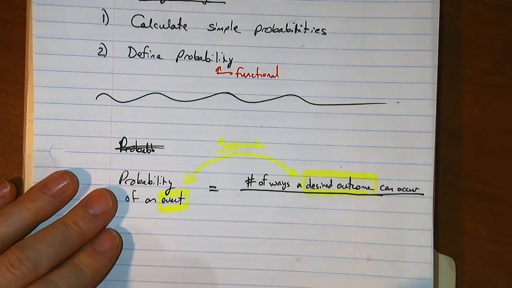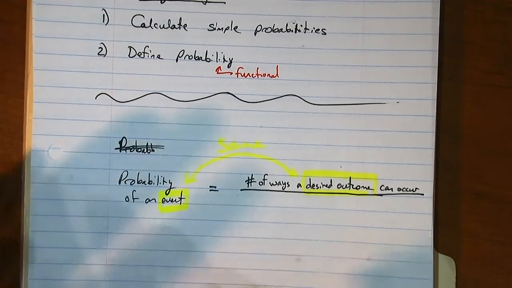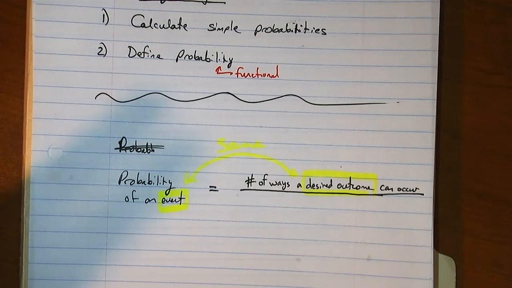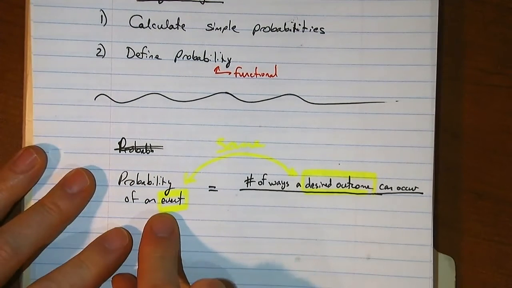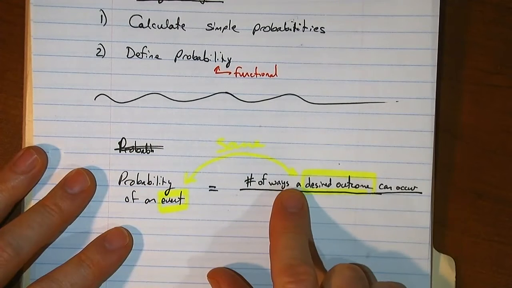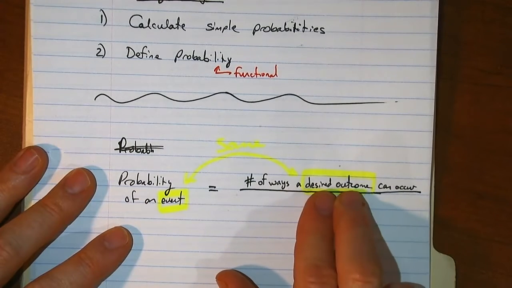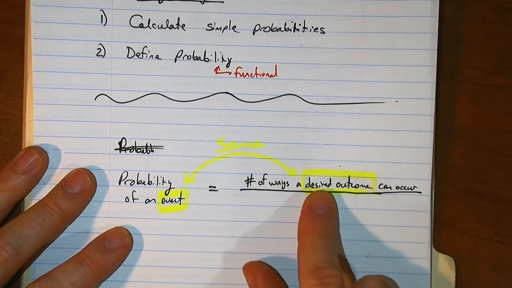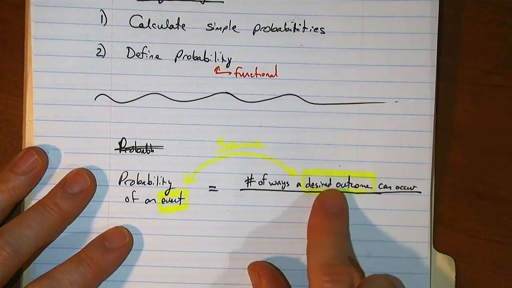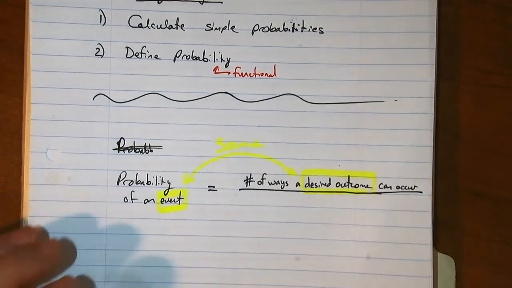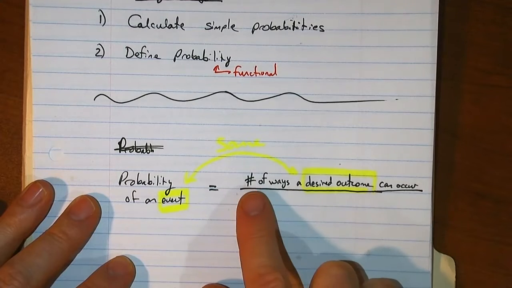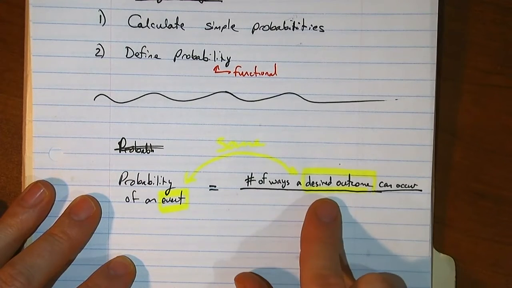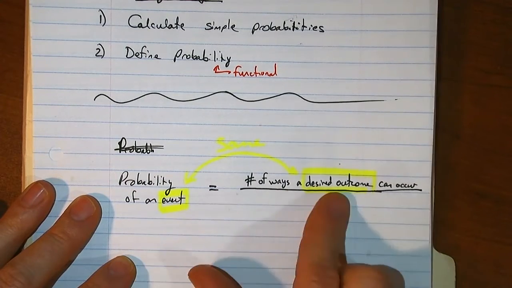But if I'm studying something bad, like, in recent history, the probability of catching COVID-19, the probability of catching COVID will be the number of different ways that you can get COVID. So that's a situation where the desired outcome is a bad outcome. But either way, however we want to take this particular event, we're going to figure out how many different ways that event can occur.